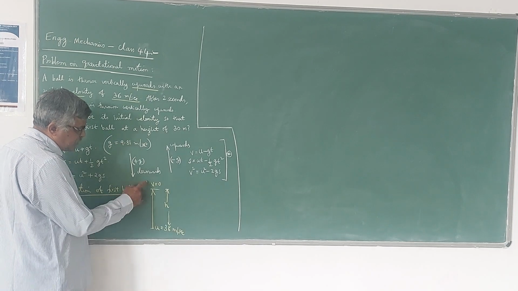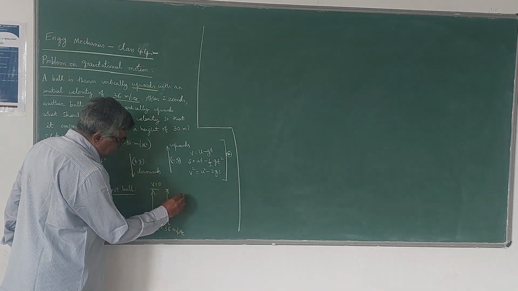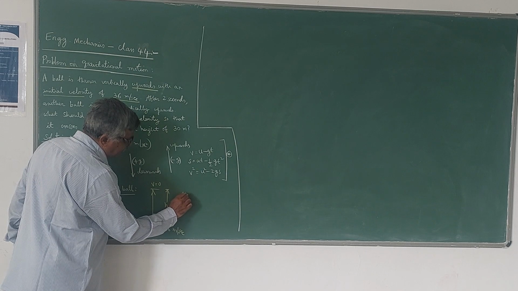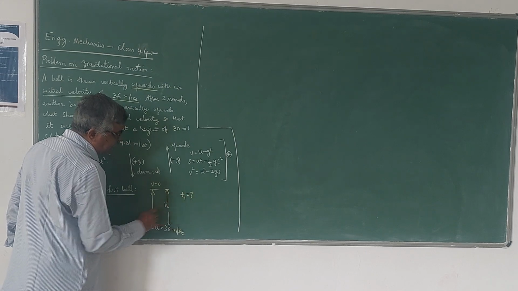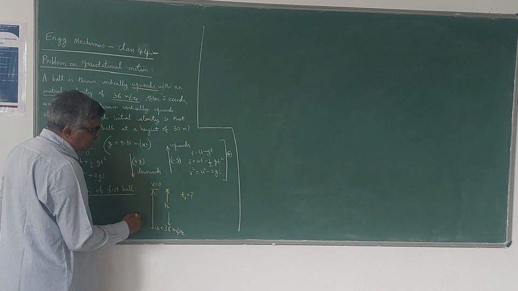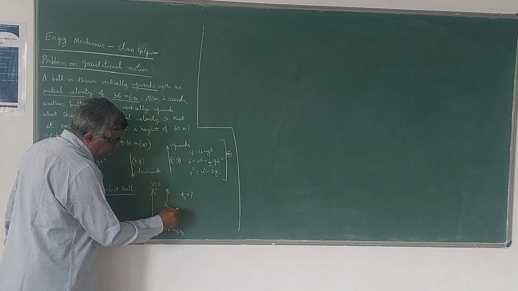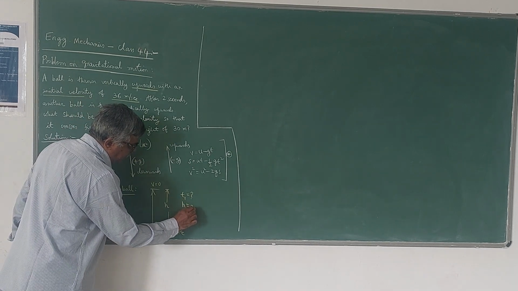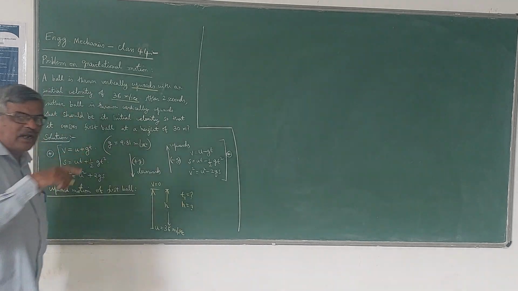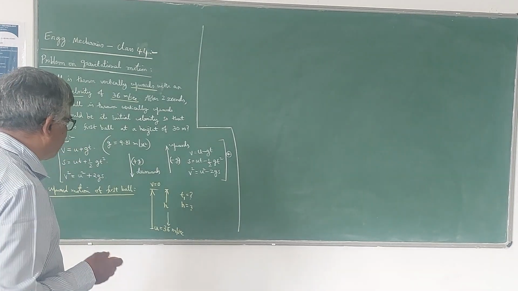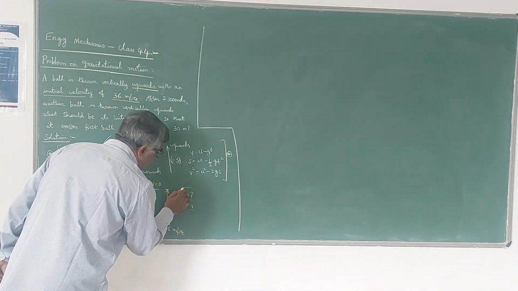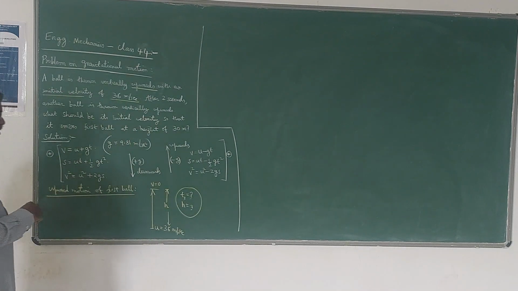By knowing the velocity, you can calculate the time, t1, because it is upward motion. The other thing is the height h to which the first ball is thrown. These two are the unknowns in this case.